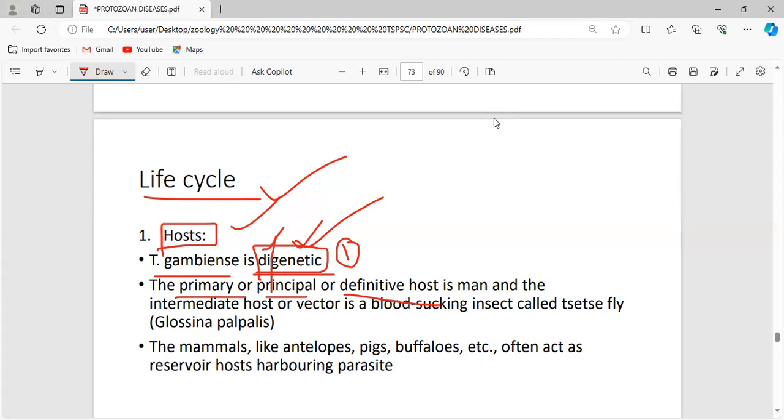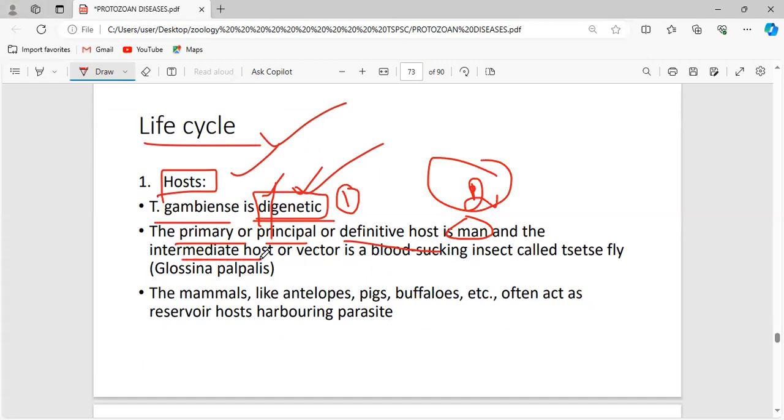That is why I keep stressing that the primary host is the place where the parasite undergoes reproduction, where it attains its sexual maturity. That is why it is called the primary, principal or definitive host. Clear? And for this Trypanosoma gambiense, the primary host is man. Remember, this is the second important thing in this slide.